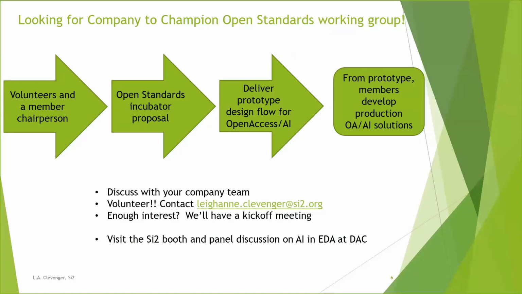As a group, we define a proposal or more than one proposal, and there are tools in place to not only discuss it, but to actually put together a working prototype, for example, of a design flow with OpenAccess that works with AI. And once a prototype is available, then that would be available to members of the group to take back to their companies to further develop their own solutions with their own IP.